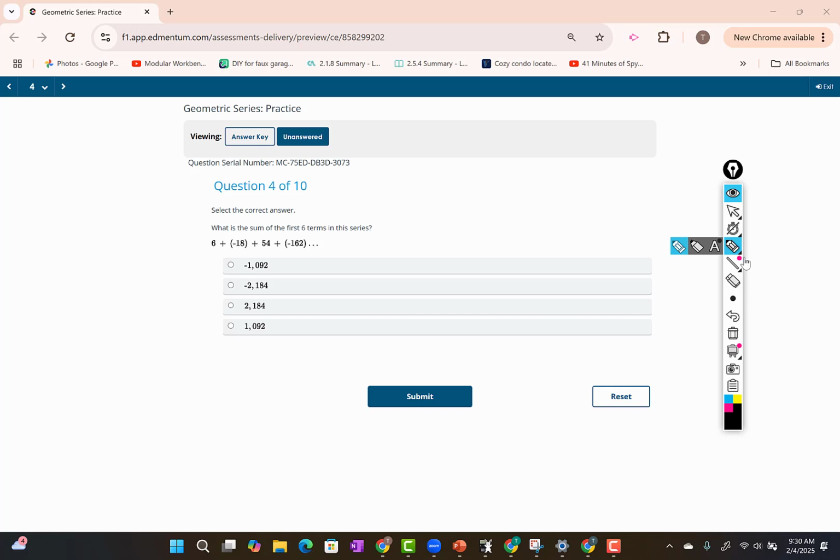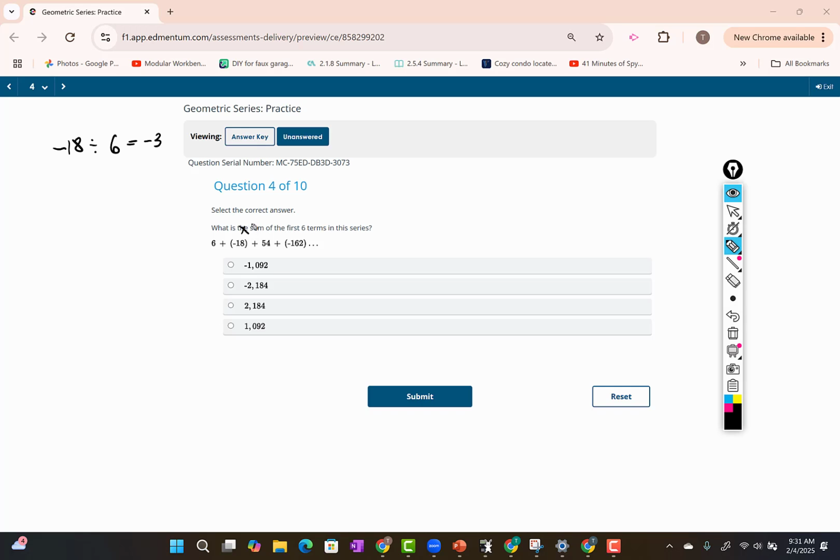But if you cannot identify that, the trick is you take the 2nd term and we're going to divide it by the 1st term. Negative 18 divided by 6 is negative 3. And then let's check that. We already know that 6 times negative 3 is negative 18.